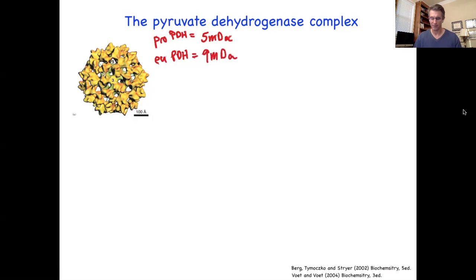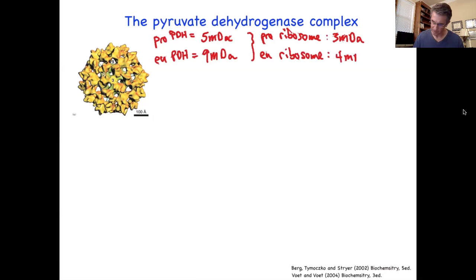Just for reference, if you guys don't remember, a prokaryotic ribosome is in the range of about 3 megadaltons, whereas a eukaryotic ribosome is in the range of 4 megadaltons, right?